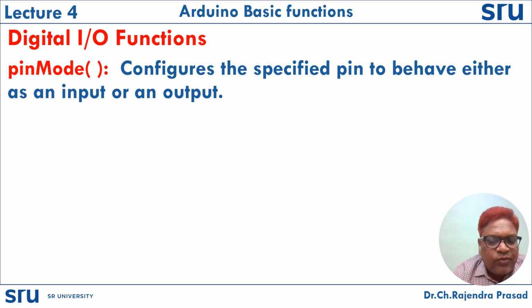In order to configure that pin as input or output, the Arduino software is providing one function. That function is called pinMode. The pinMode is a function which configures the specified digital pin to behave either as an input or output.